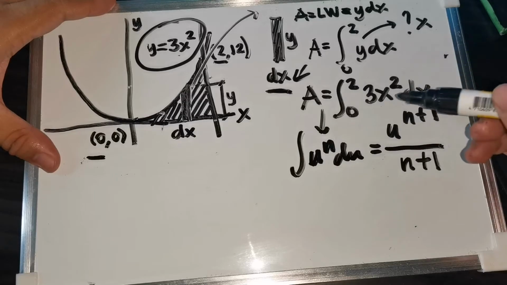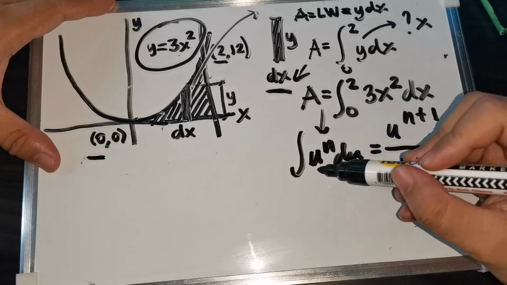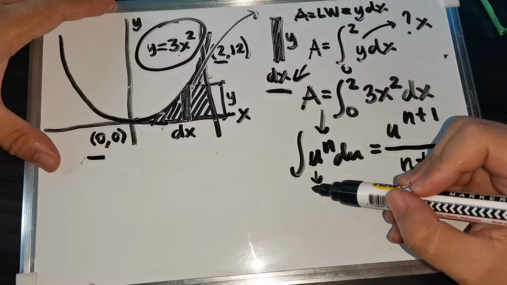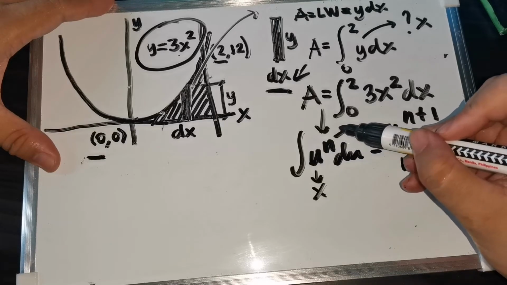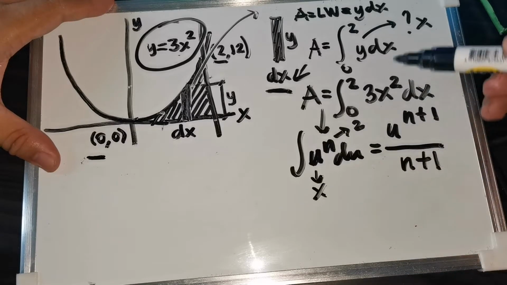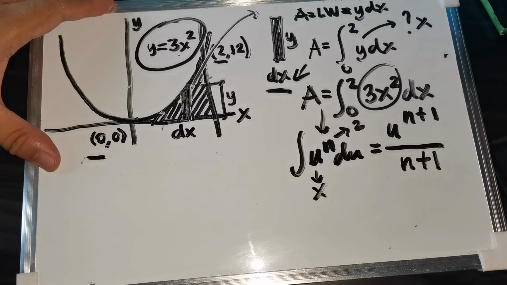If we look at this one, your u here is x, then your n here is the 2 from this portion.